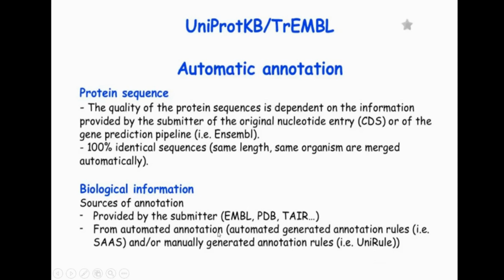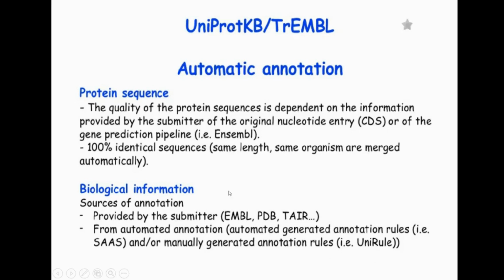There are two types of build rule, SAAS and UniRule. SAAS is an automatically generated annotation rule based on a decision tree algorithm. Okay, it is algorithm based, formula based. And the second one is UniRule, an annotation rule generated by expert biologists.